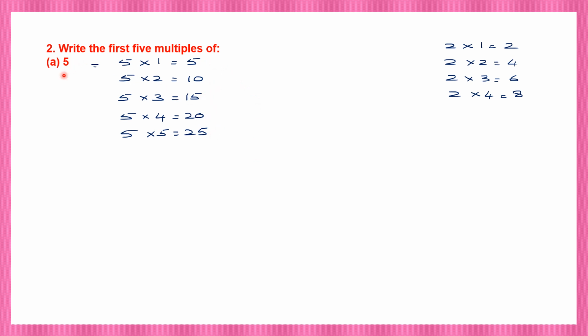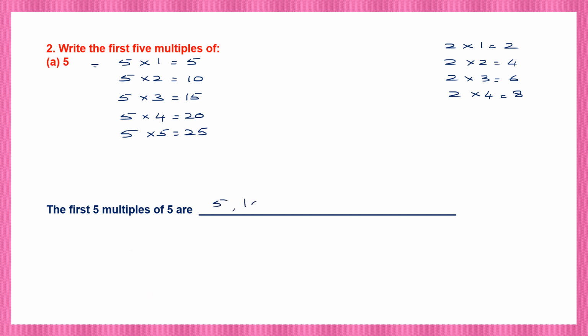These are the first 5 multiples. The first 5 multiples of 5 are 5, 10, 15, 20 and 25. So multiples are these numbers that you got when you multiply 5 with the natural numbers 1, 2, 3, 4, 5.